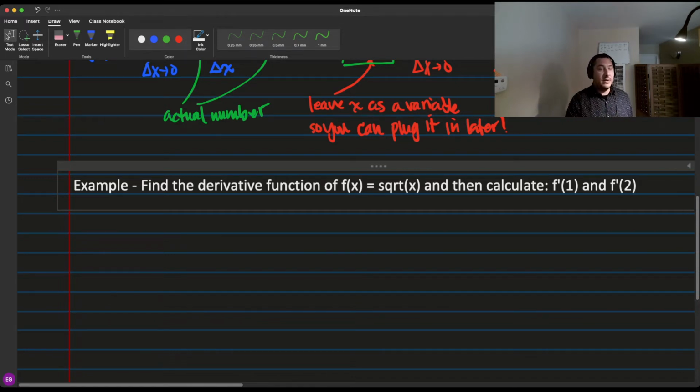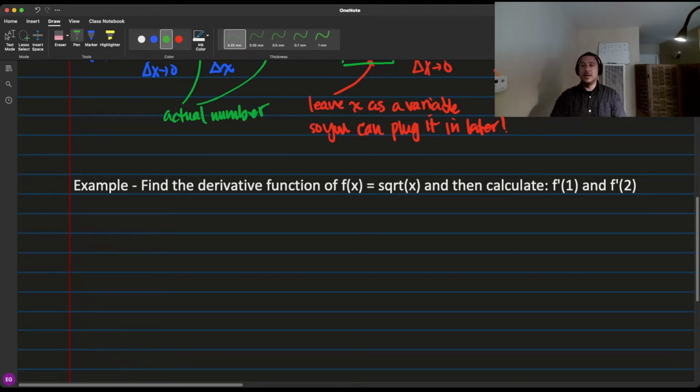Previously, calculating the derivative at 1 and at 2 would have been two different limit calculations. Now we're going to find this function that we call the derivative, f prime of x, doing one limit calculation and then plug in 1 and 2 later.